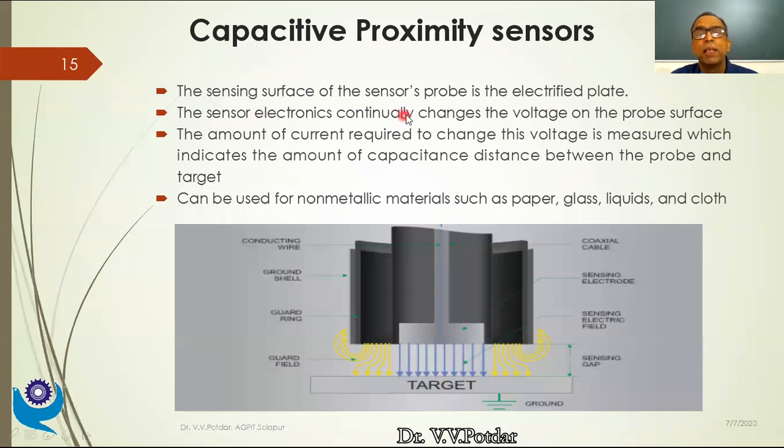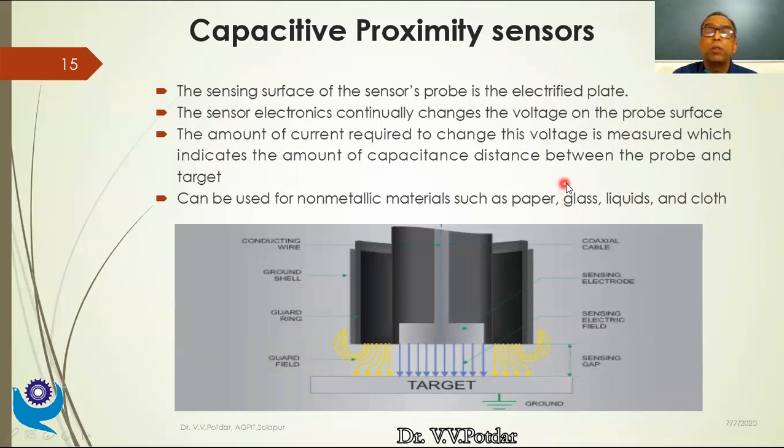The sensing surface of the sensor's probe is the electrified plate. The sensor electronics continuously change the voltage on the probe surface. The amount of current required to change it is what is measured, which indicates the capacitance and thus the distance between the probe and the target. It can be used for non-metallic materials such as paper, glass, liquids, and cloth.